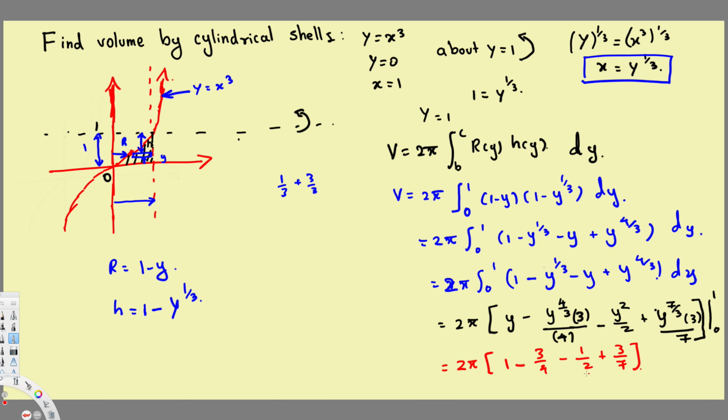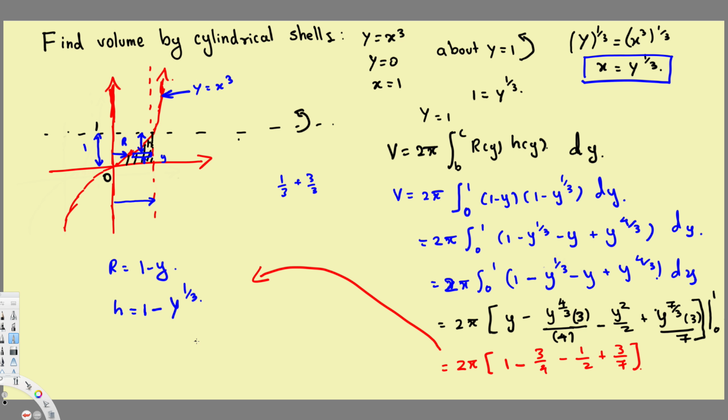Let's simplify this one. So here we have to take the common denominator. We need a number that's a multiple of both 4 and 7, so we can simply multiply 4 and 7. That's going to give us 28.